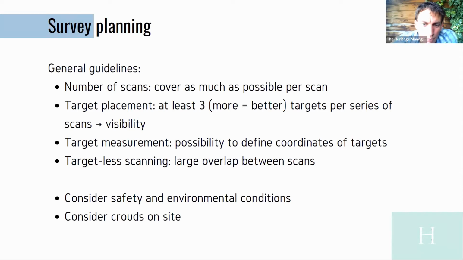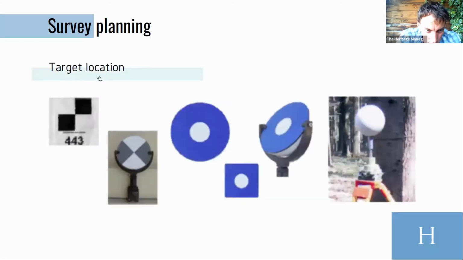Target measurements. There are 2 options to do that here. In this case, if you want to use targets, you can either measure your targets yourself. And by the way, that's another advantage of these types of targets, that you can use your total station to resect, for example, in your absolute coordinate system.